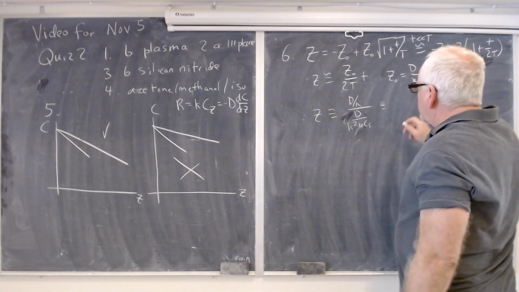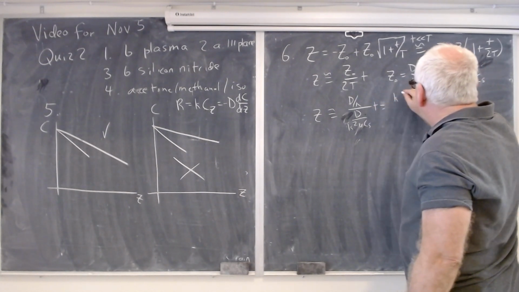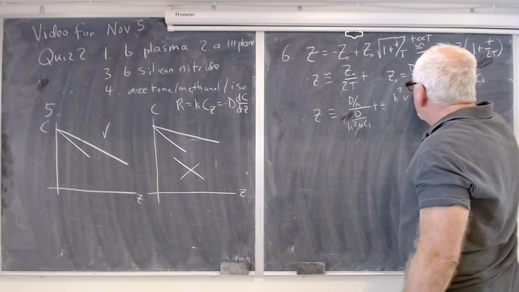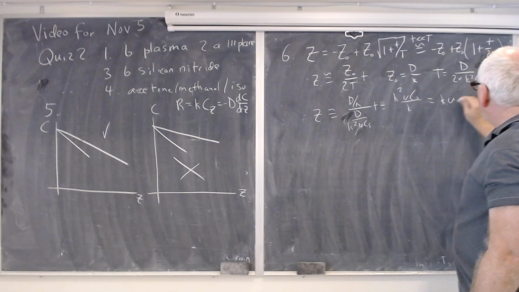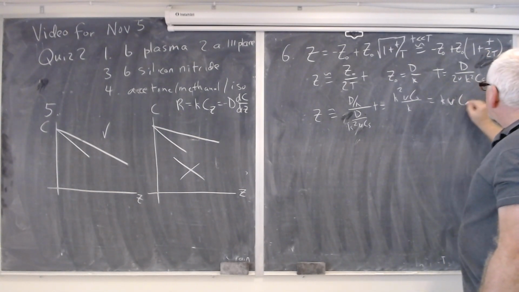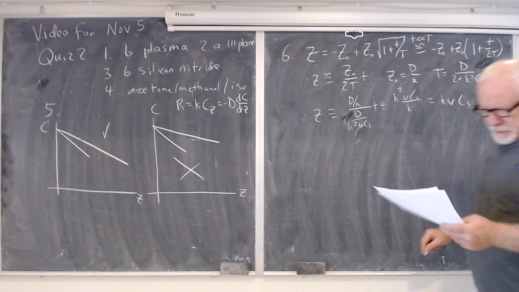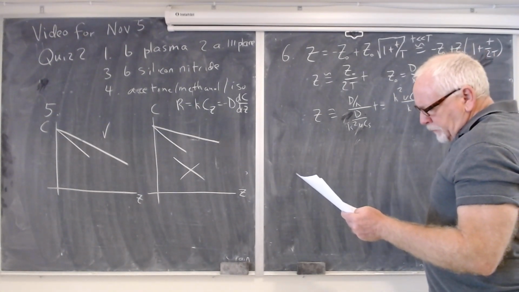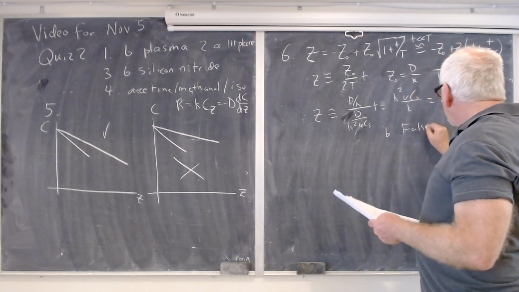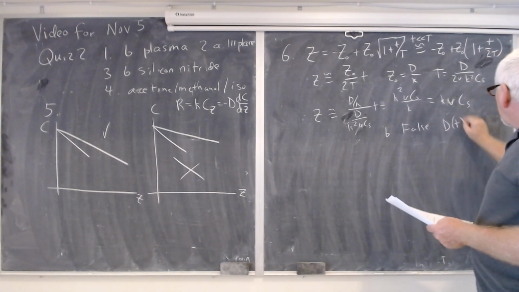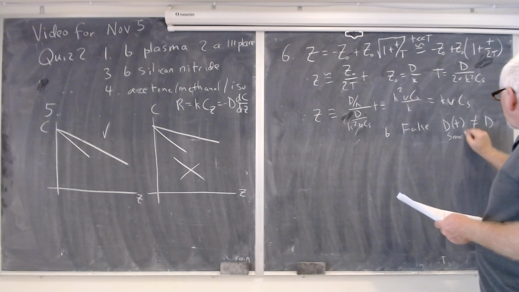So Z goes as time times K mu CS. And so the answer was false, B. False. dZ/dt does not depend upon D for small t.